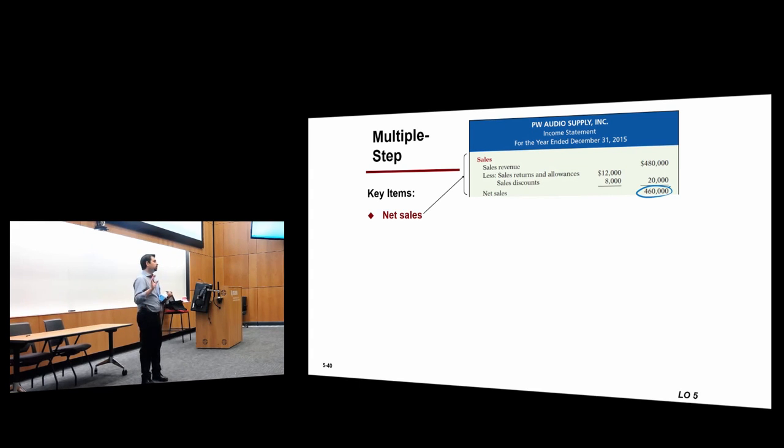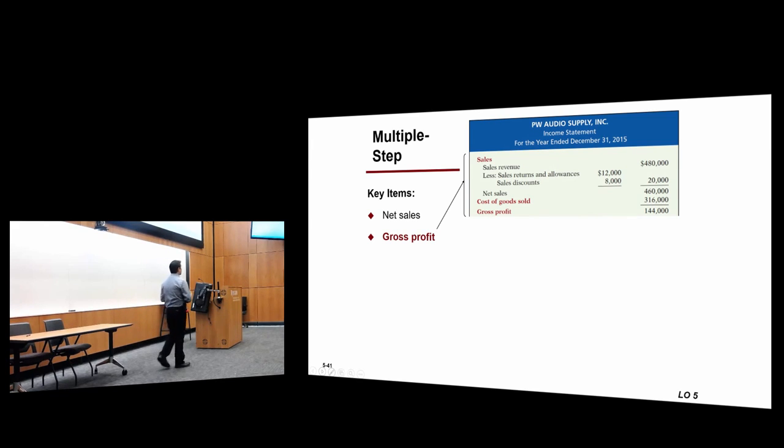Now this amount will be used to calculate gross profits. The next step would be what? To calculate what? Or to list what? Cost of goods sold. And like we said, we will learn how to calculate the cost of goods sold using different inventory estimation methods in the next chapter.